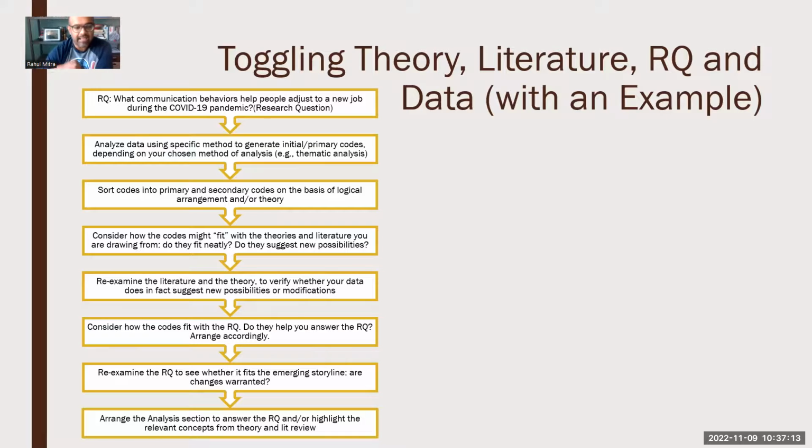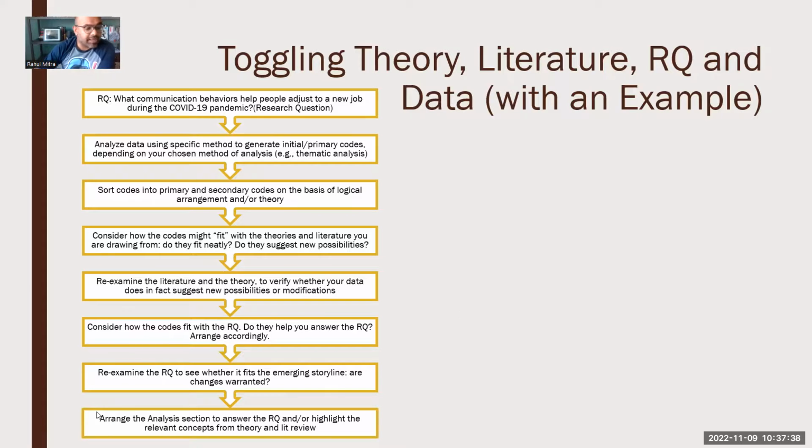And you start seeing how, yes, the theory, the research question, and the literature are going to influence the data. But analyzing the data itself can push you to find new research, new literature, to suggest changes to the theory, and to even potentially suggest changes to the research question.